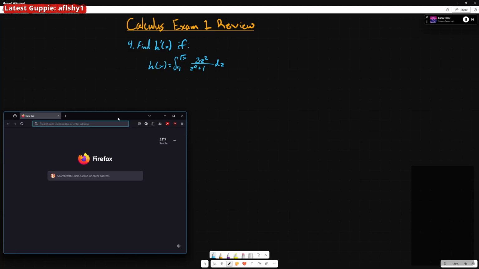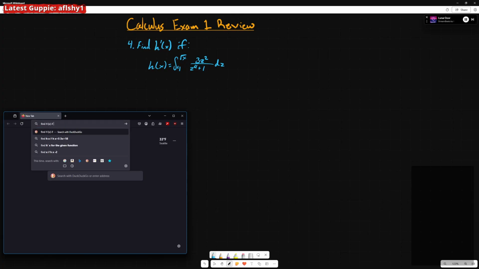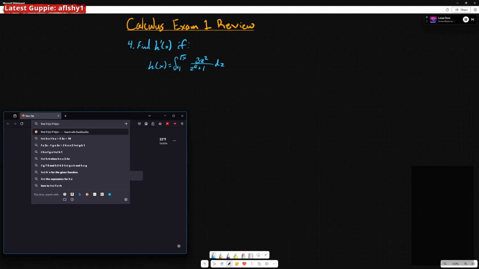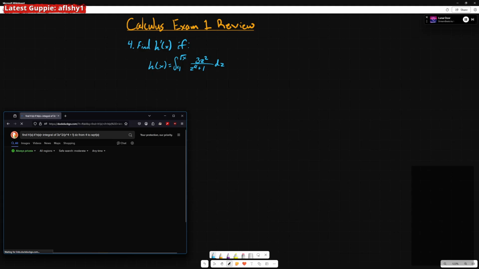I'm dumb. I'm very dumb. Find h prime of x if h of x is equal to the integral of 3z squared divided by z to the 4th plus 1 dz from 4 to square root of x.